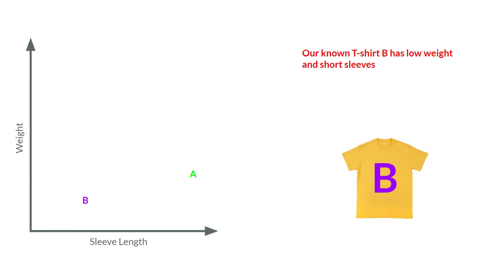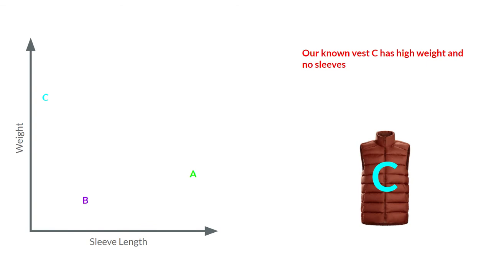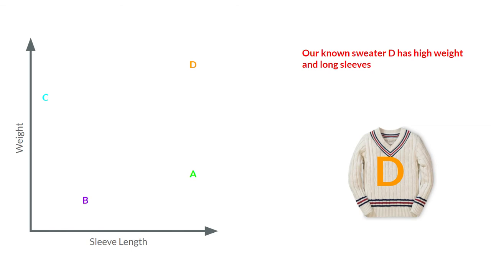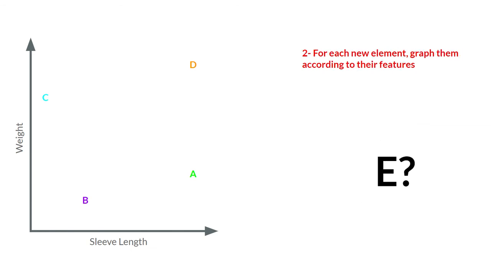Compared to A, it has shorter sleeves and it also weighs less. C is a vest. As a vest, it has no sleeves. It is also heavier than both A and B. Finally, D is a sweater. Its sleeves are as long as A's. It is also heavier than all the other elements.